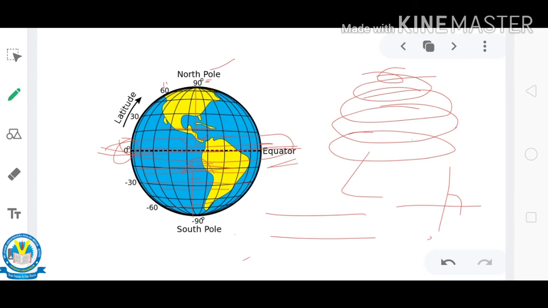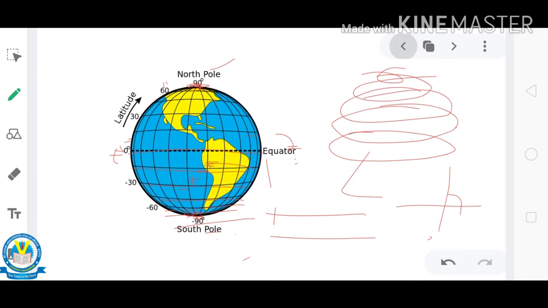All the latitudes on either side gradually become smaller towards the poles. At the poles, 90 degrees north and 90 degrees south, they are not circles, they are just points.